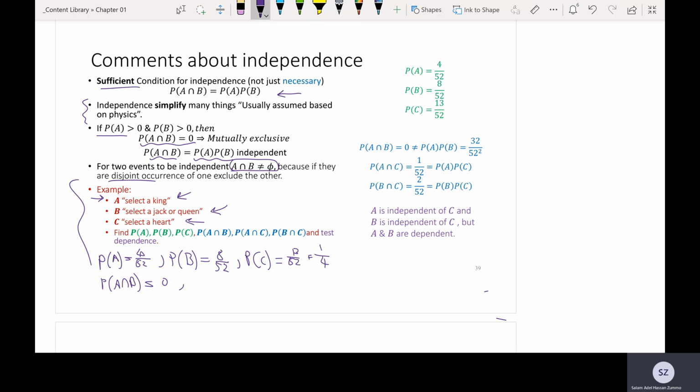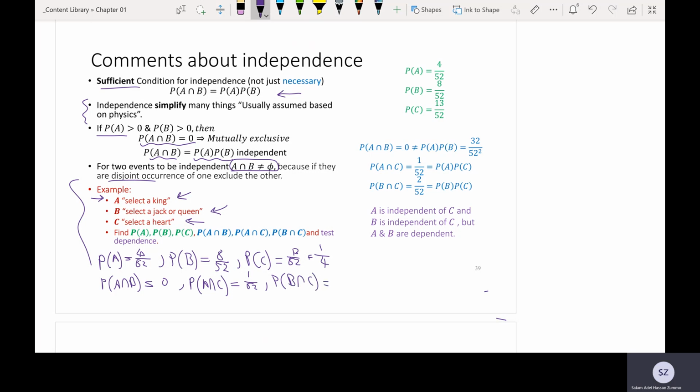A intersect C is basically selecting a king that is a heart, and only one of the kings is a heart. So basically it's 1 over 52.